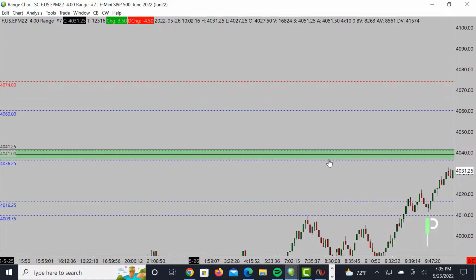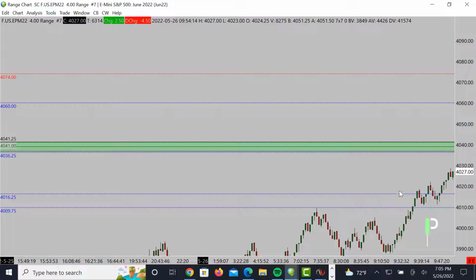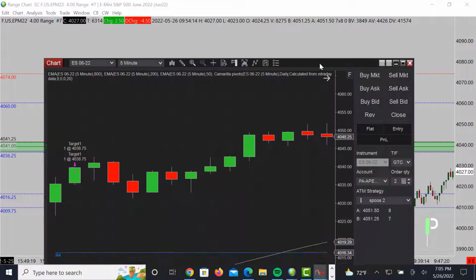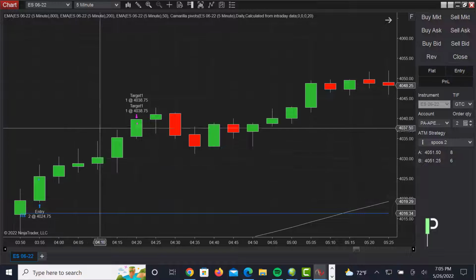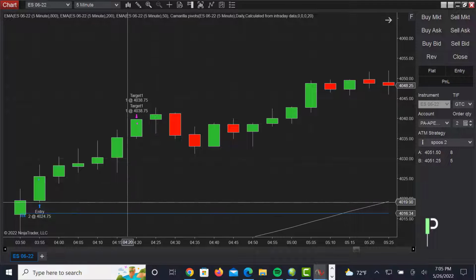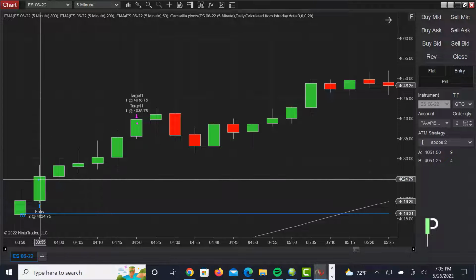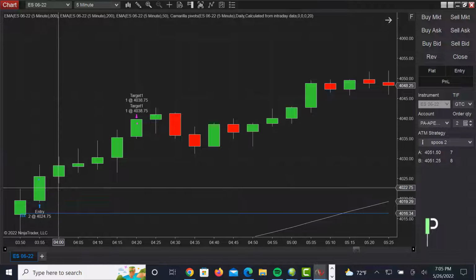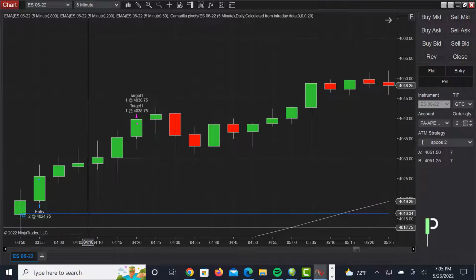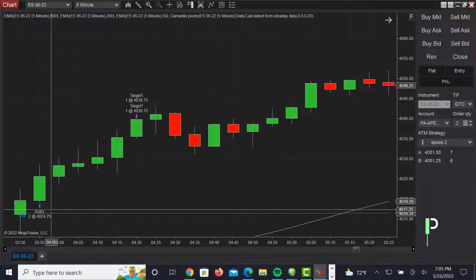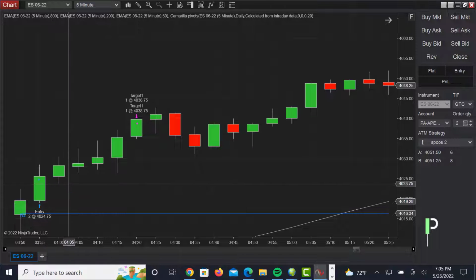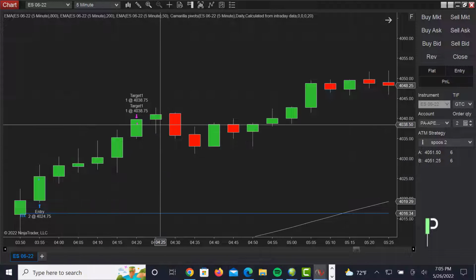But for S&P 500, let's go ahead and take a look at how we actually traded it this morning. So again, this morning you can see we saw the resistance level, couldn't get it, and the market just started to break to the upside, broke those 16s, got a slight pullback. You can see here on the Ninja Trader we got a nice long opportunity, two entries off 40.24.75, and started to ride it back to the upside.